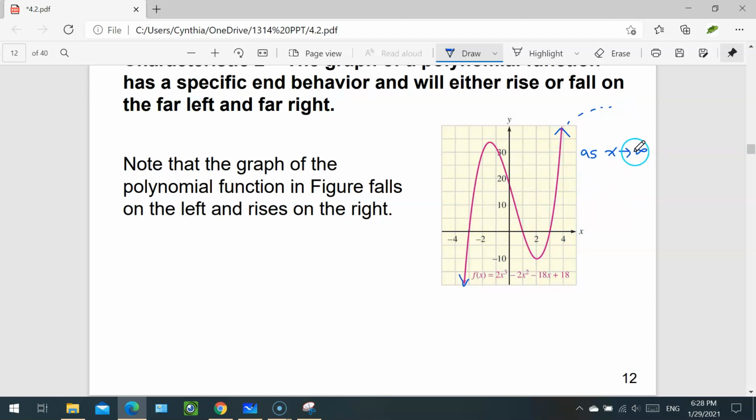As x approaches positive infinity, f of x will approach positive infinity as well. On the other side, as x approaches negative infinity, f of x approaches negative infinity. It will keep going down forever. So we call that the end behavior.